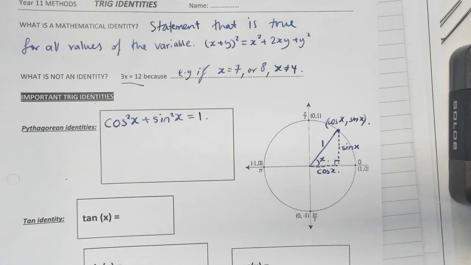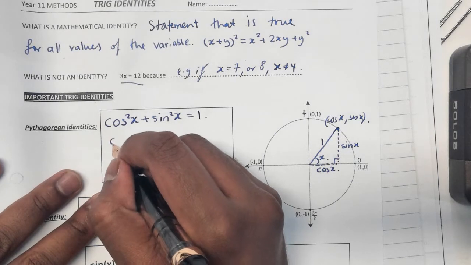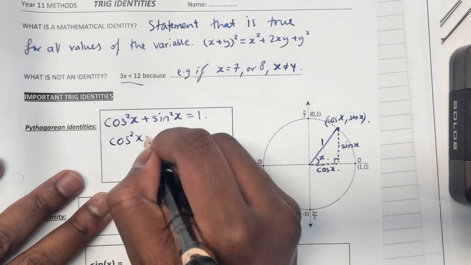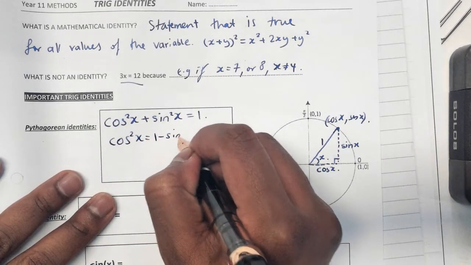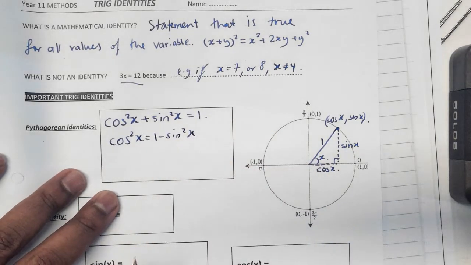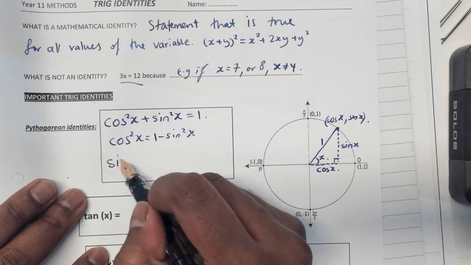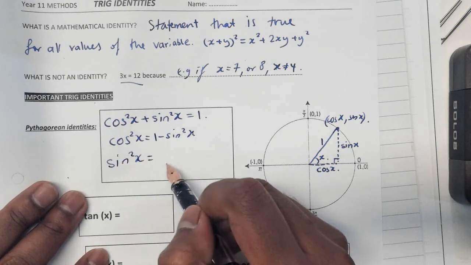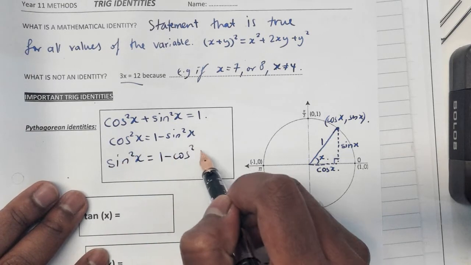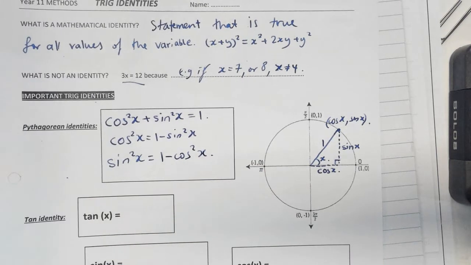That's true for all cases. We can move the terms around, and we can get cosine squared x equals 1 take sine squared x, or sine squared x equals 1 take cosine squared x.